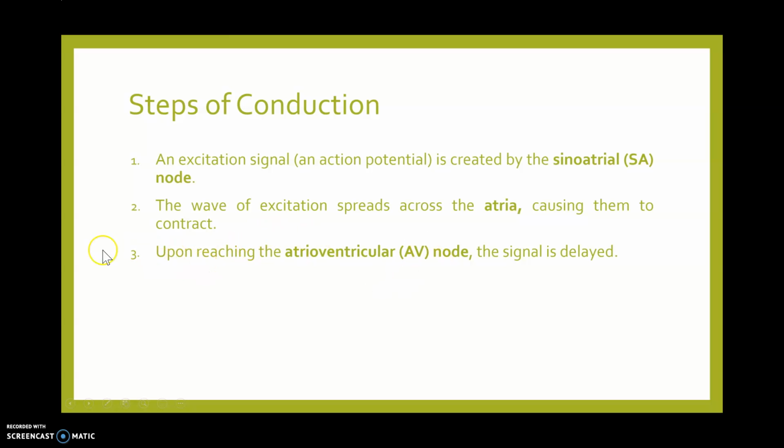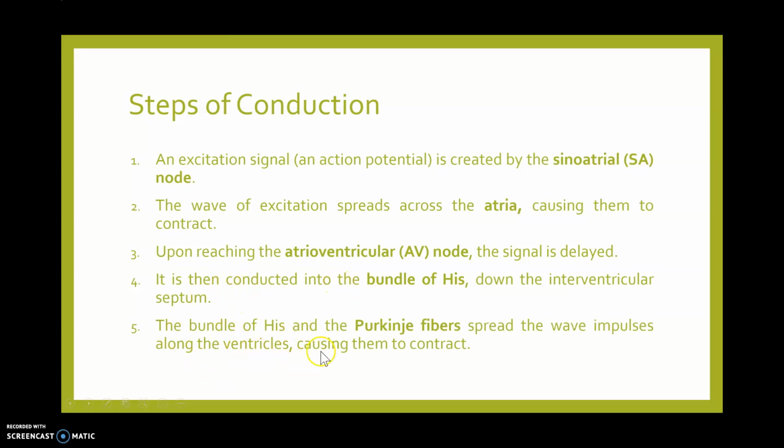So this delay is very important in our conduction. Then our signal is spread to the bundle of His down the ventricular septum. And then those separate into the Purkinje fibers, which spread the waves across both ventricles, causing them to contract.